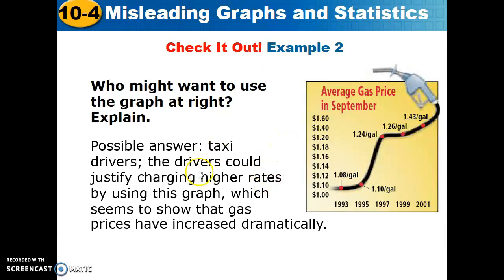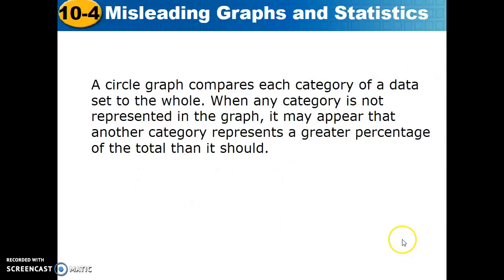It says taxi drivers could possibly want to use this. They could justify charging higher rates by using this graph, which seems to show that gas prices have increased dramatically.